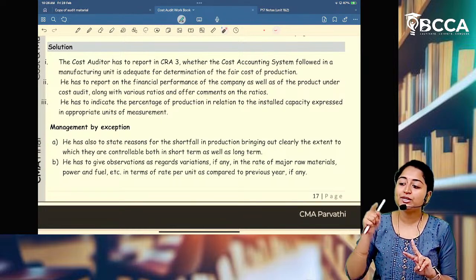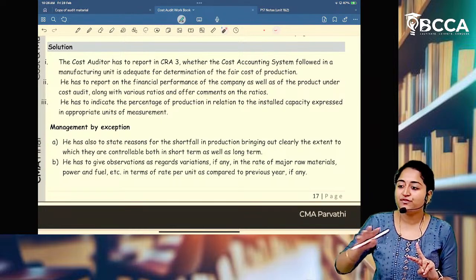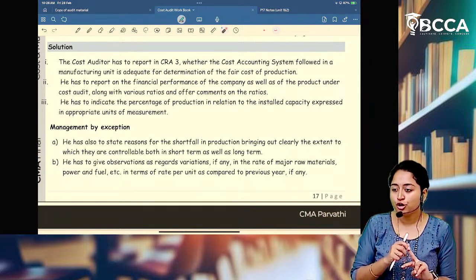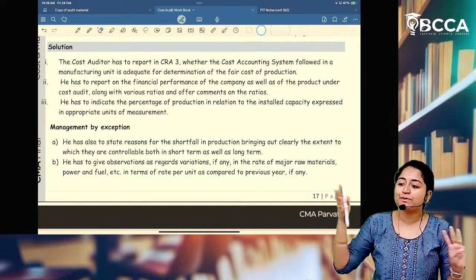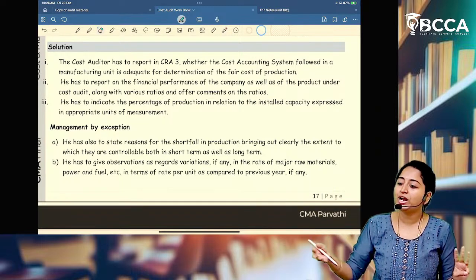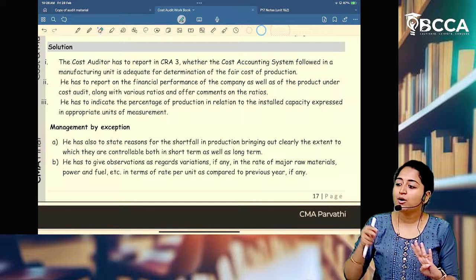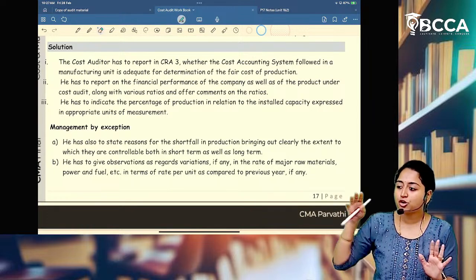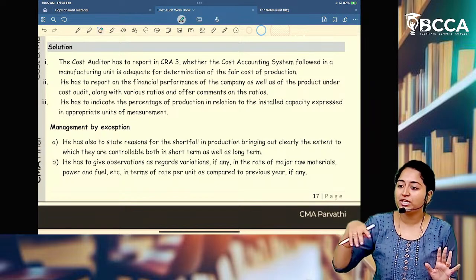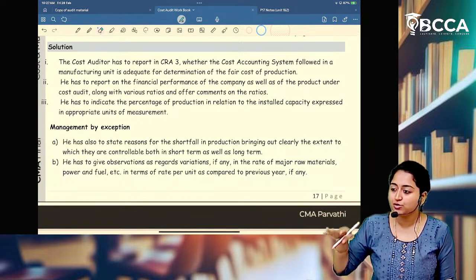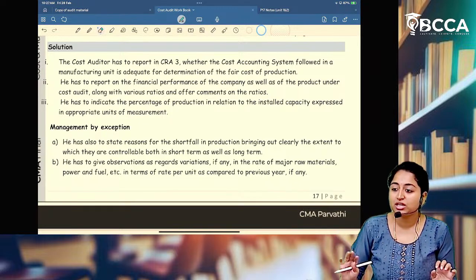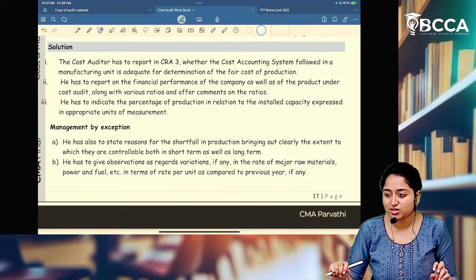Second, what will be your suggestion after verifying the records and statements, whether we can bring a new product or not. Third, whether we can expand our company to bring a new branch or something like that. Fourth, what is your suggestion to improve the revenue. Fifth is cost reduction. What is your opinion for reducing the cost? These are the suggestions which the company wants from the cost auditor after verifying cost records and cost statements.